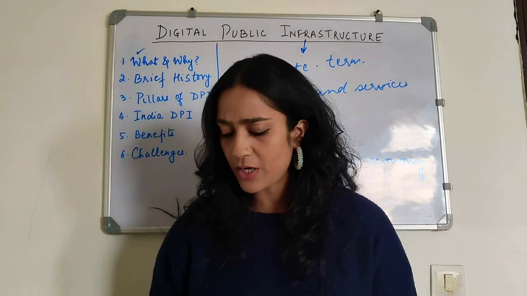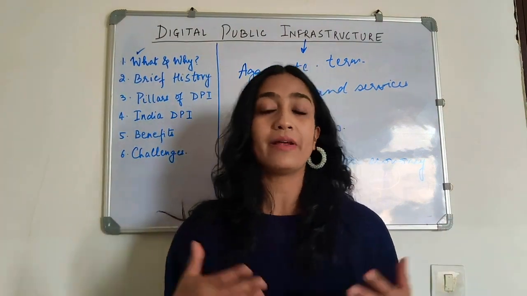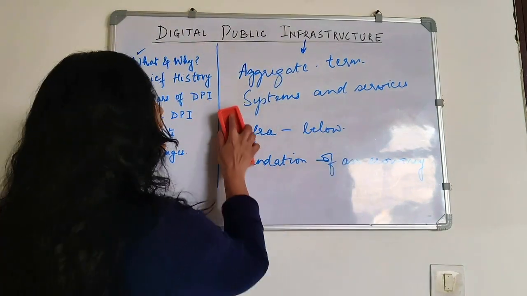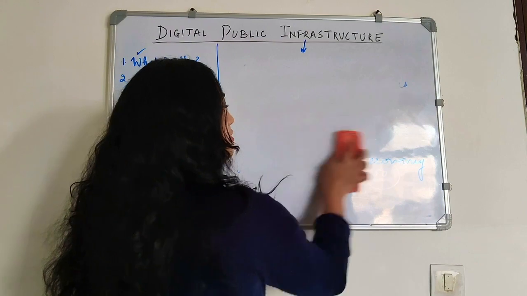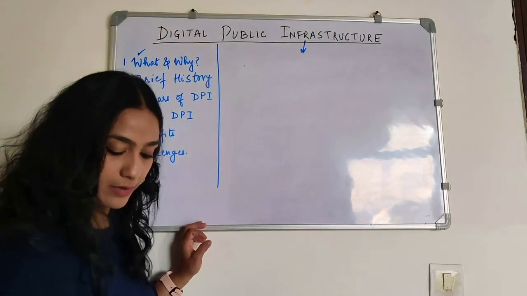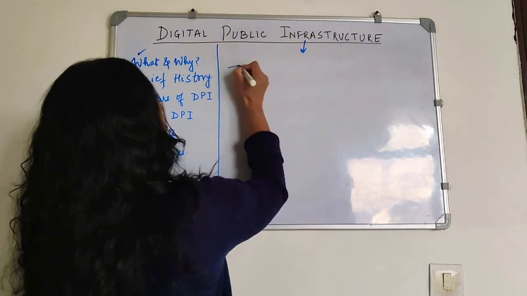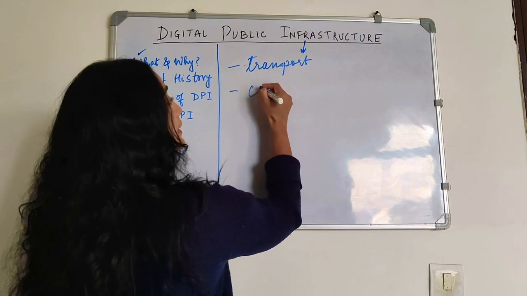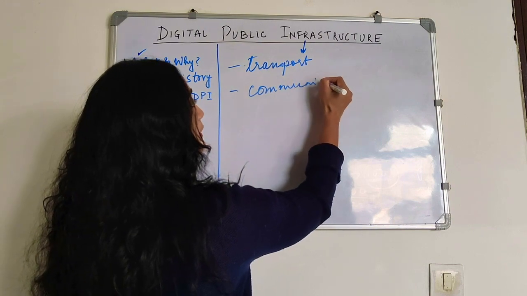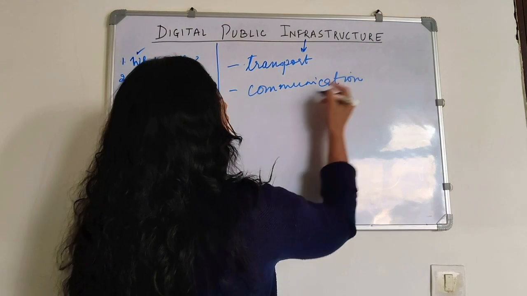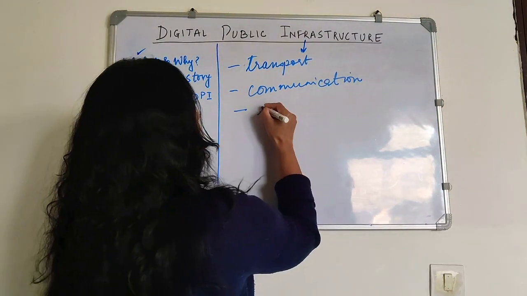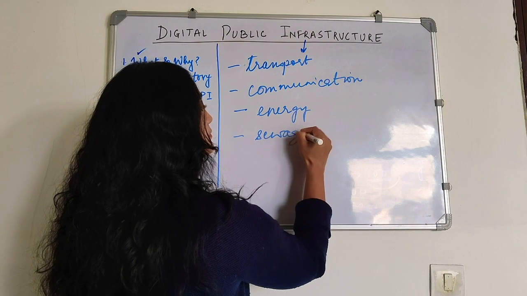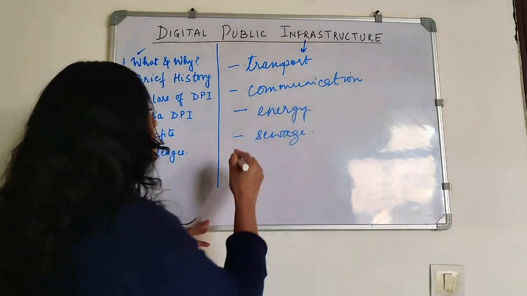So when you think of infrastructure, the first thing that comes to your mind are the roads, the railways, the transport system, right? But infrastructure is much more than that. Even the physical infrastructure that we are talking about right now has everything. It has the transport system, the communication system, the energy system, electricity, the sewage system, all your pipes and toilets.